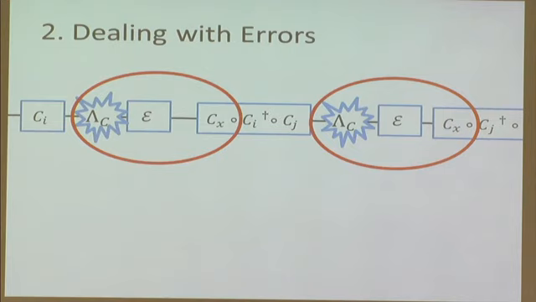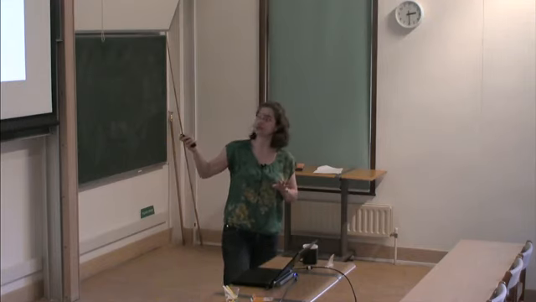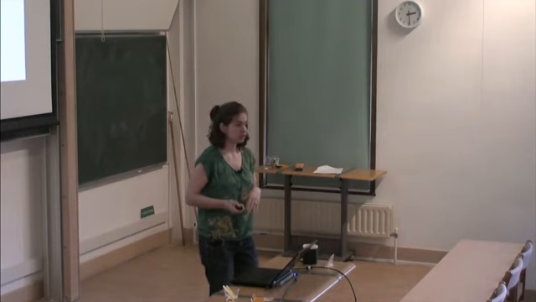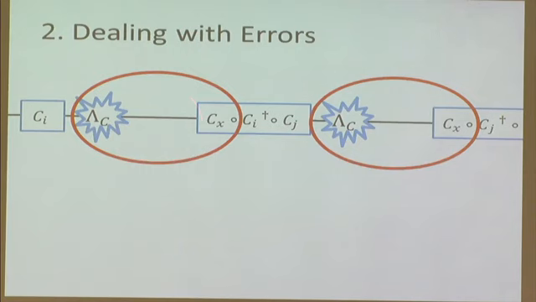There's this error term that's affecting things. And for now, we'll assume that every single Clifford has a similar average error. You can get around that assumption, but it's much easier if we assume that this error is the same for now.